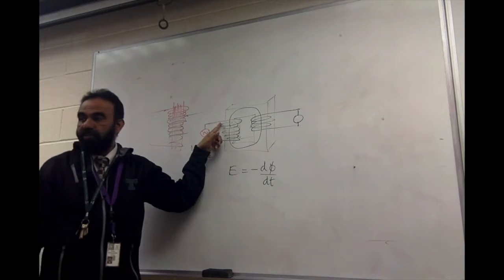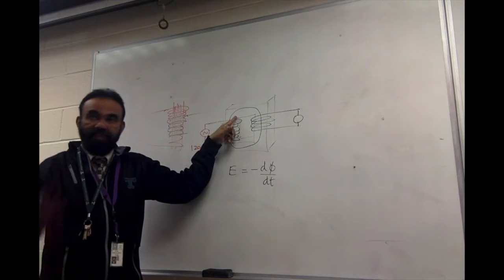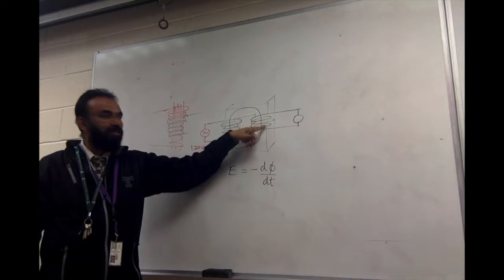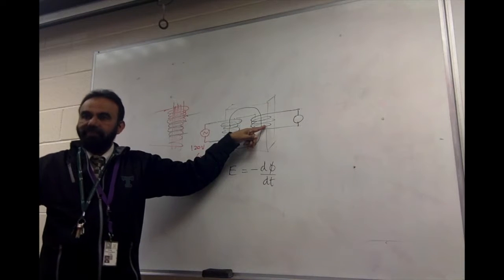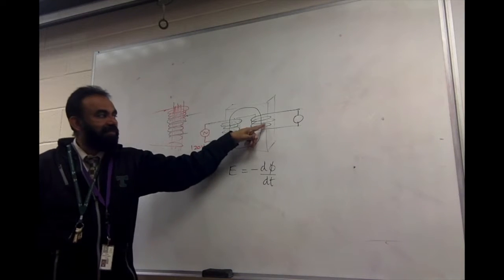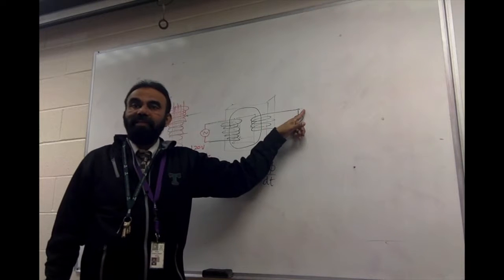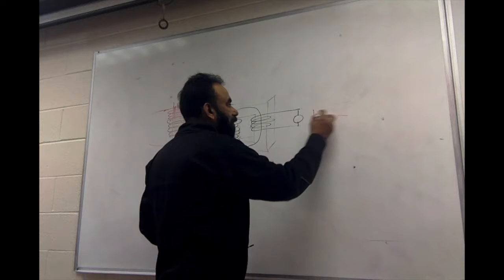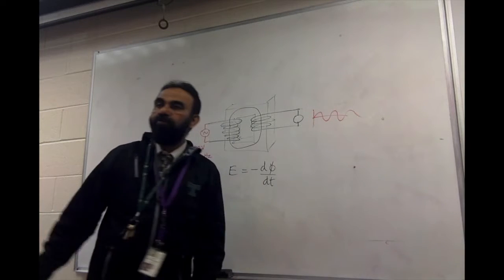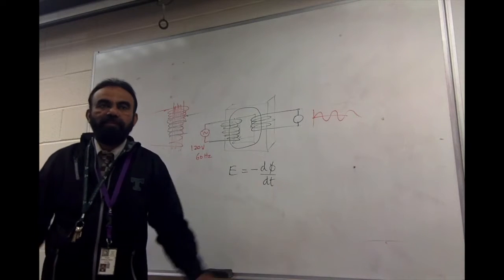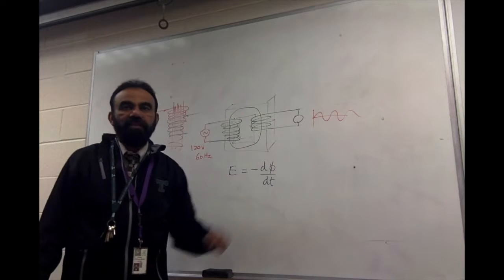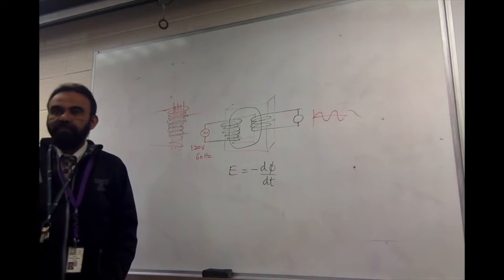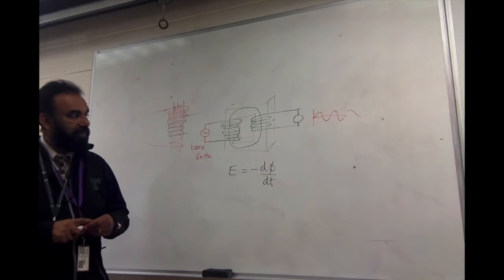So this current is alternating, so the flux is alternating back and forth, and so this will experience change of flux, alternating, and so you'll get alternating EMF induced here. So the output is going to be alternating as well. At what frequency? 60 hertz. But the voltage here depends on multiple factors.